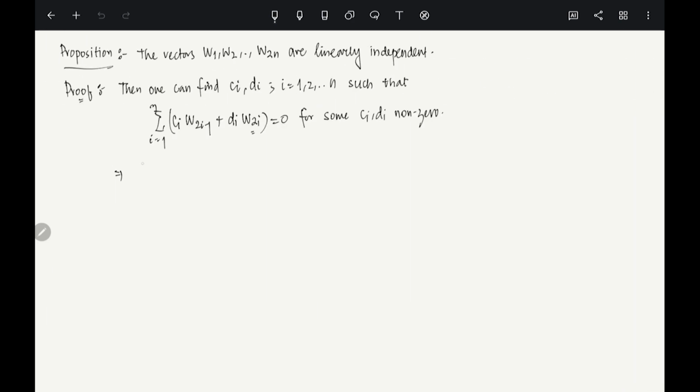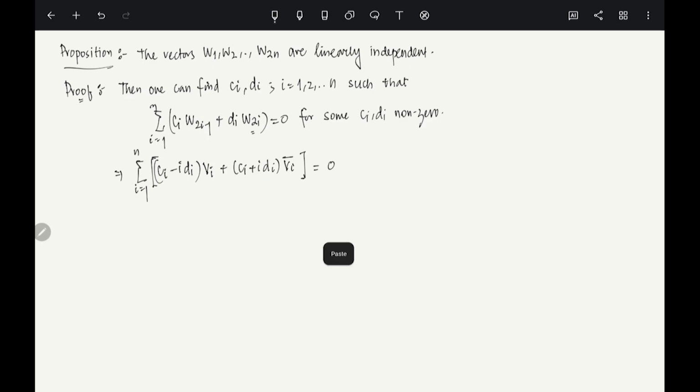Okay, so if you put it together, you can write it as the sum over i equals 1 to n of (Ci minus i Di) Vi plus (Ci plus i Di) Vi bar, equals 0. Now Vi and Vi bar are linearly independent.